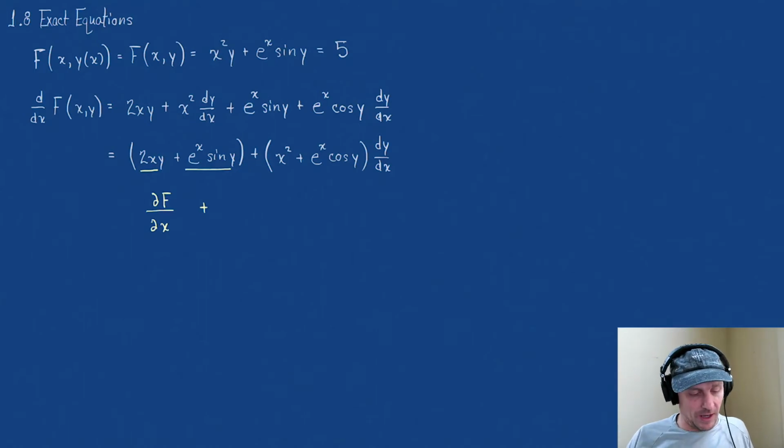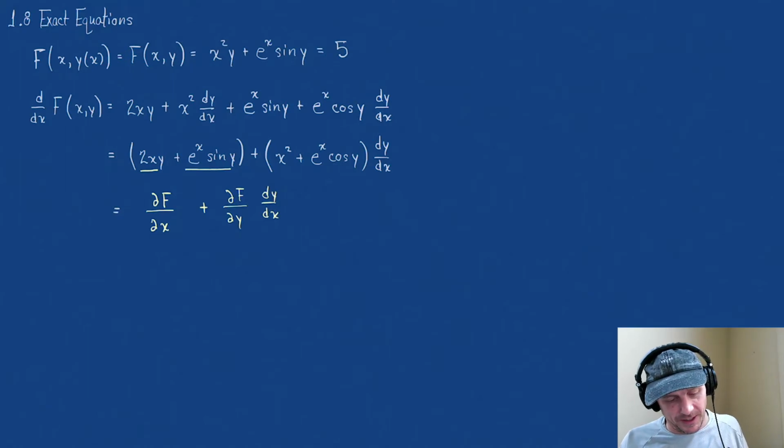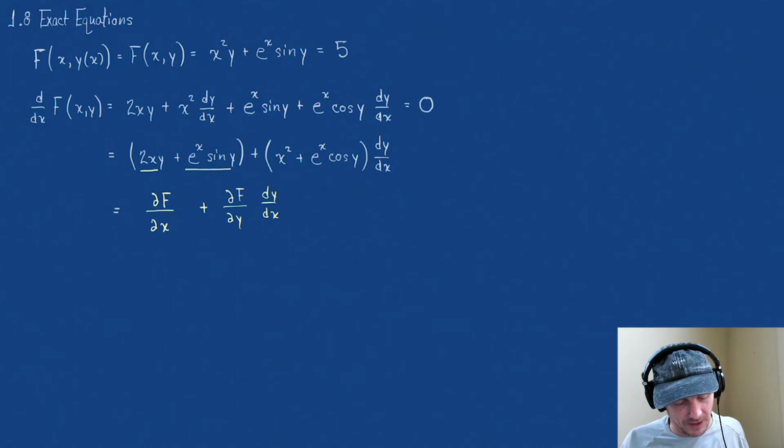So this is the partial derivative of capital F with respect to y times dy dx. Okay, so now let's keep going here. Oh, and I'm sorry, I got so excited about that, I forgot to take the derivative of the right-hand side. The derivative of 5 is 0, so let's carry that down.